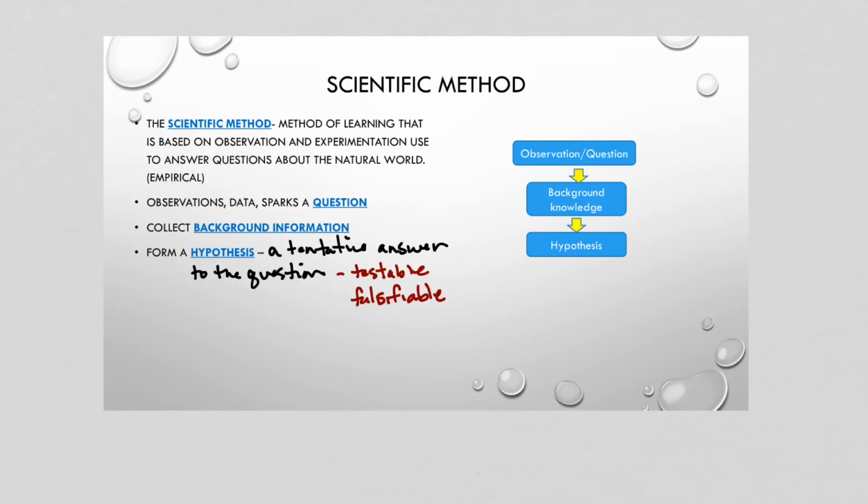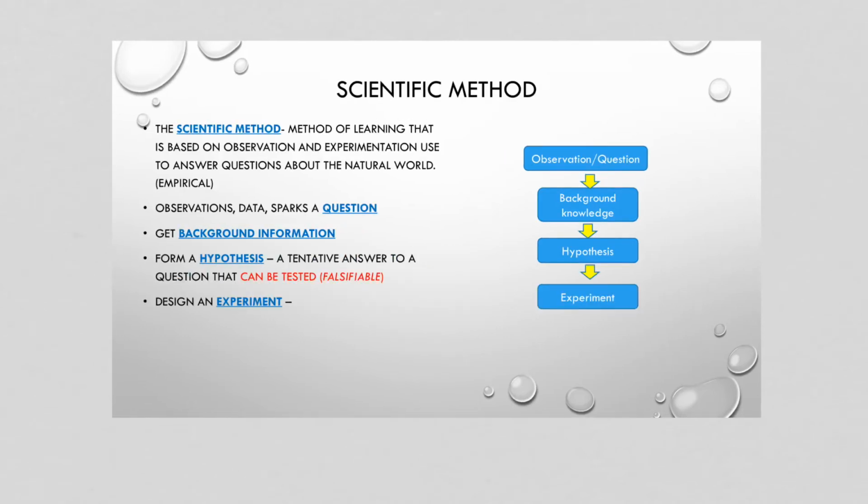Now, the way we go about doing that is by conducting an experiment. And so this is where we get back to the heart of that empirical method, right? Using the idea of observation, hypotheses, and testing these hypotheses by using experimentation.